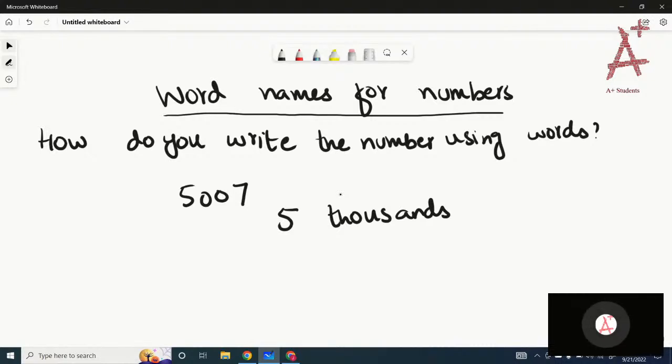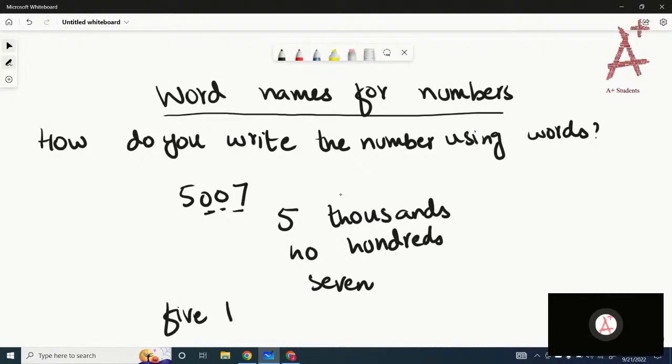In this case we have no hundreds because they are zero. Then we write the tens and the ones, so we have only one digit, that is 7. So you can write 5007 as five thousand seven. Got it?